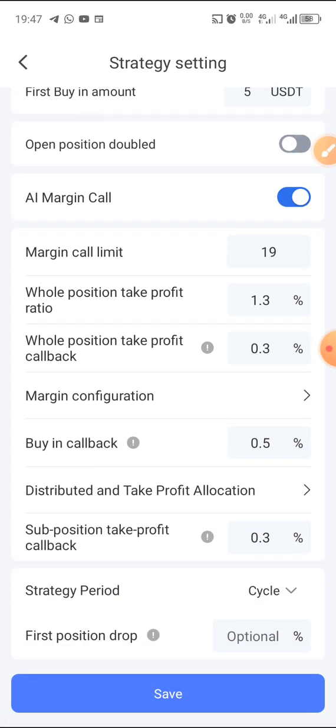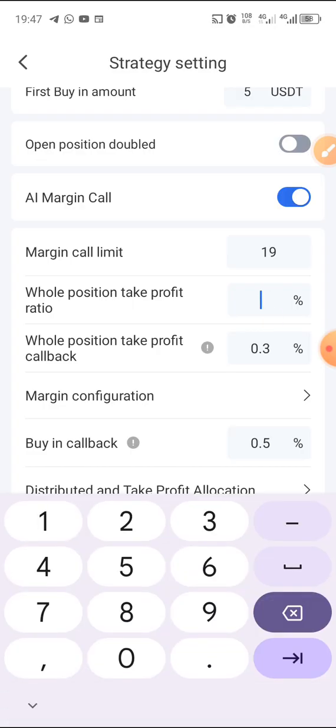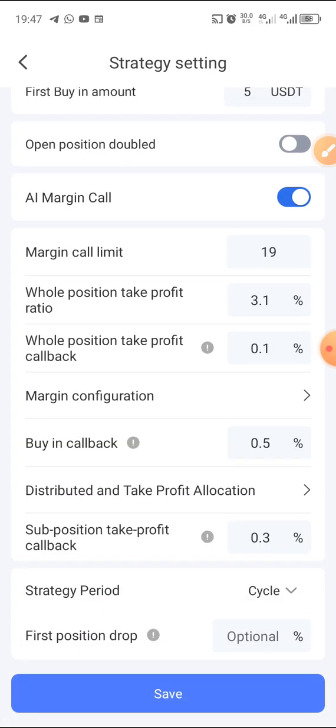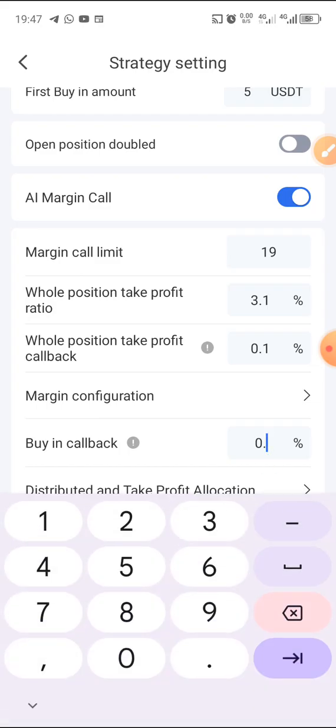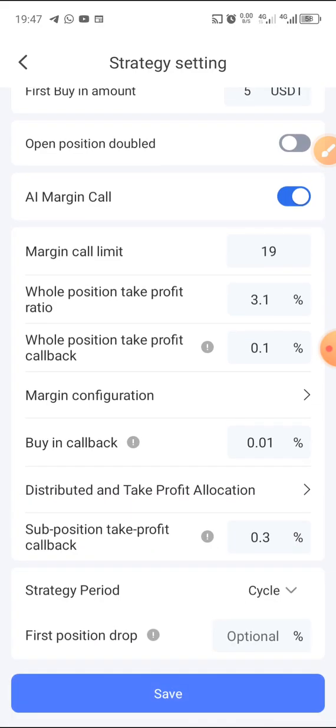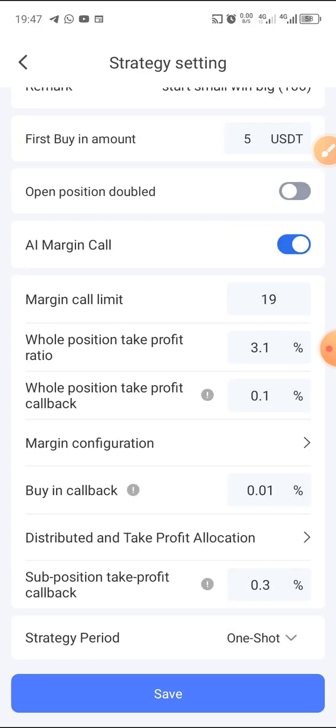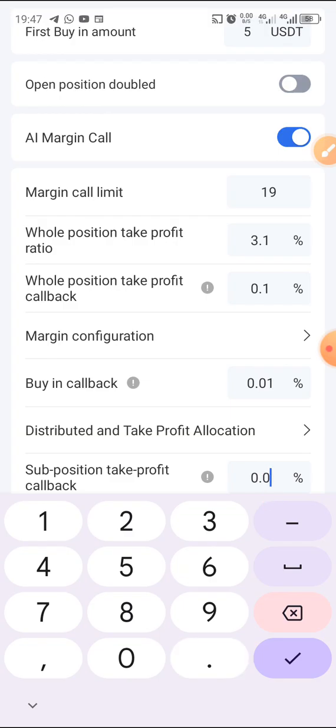The take profit ratio, I told you we are going to be using 3.1, and our take profit callback, it's 0.1. Buy-in callback, 0.01. It should be in one shot. And the sub position take profit callback, of course, 0.01.